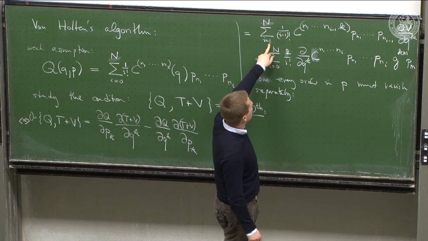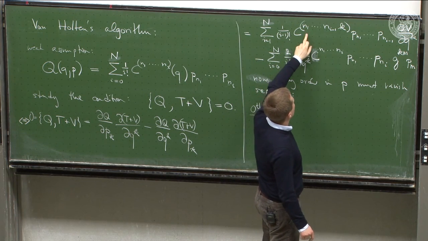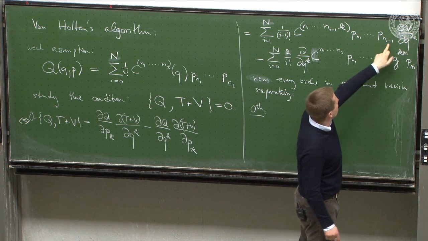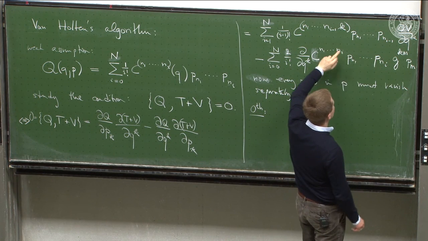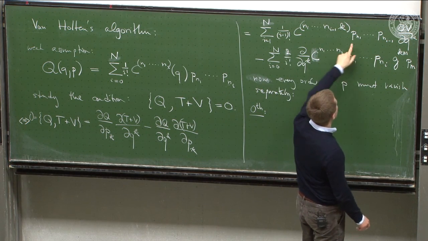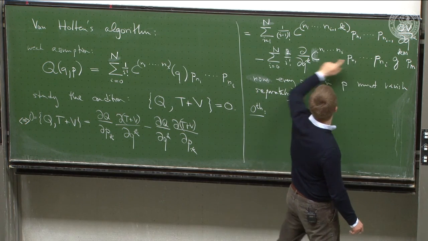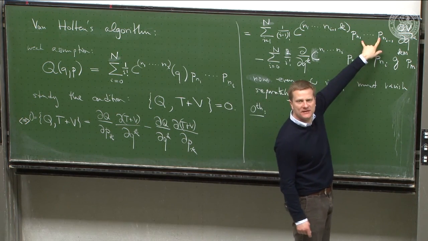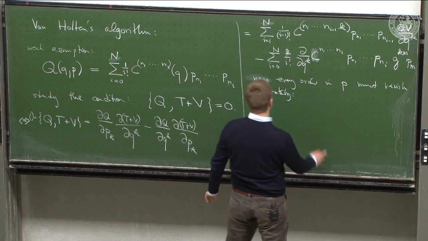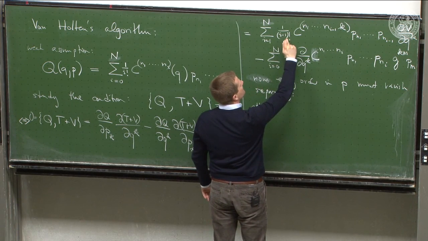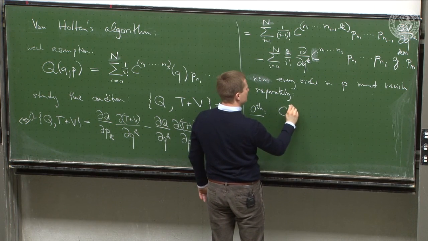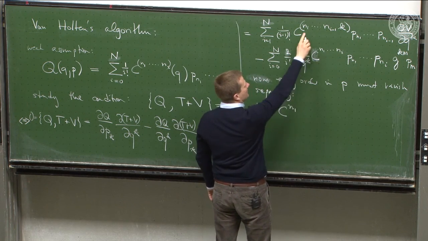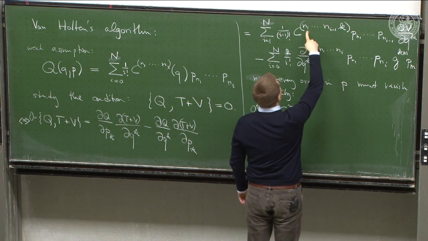We run from I equals 1, right, from n up to n_i minus 1. Hang on. So these are I minus 1 p's. If I is 1, I have 0 p's. That's a 0th order contribution. So that is 1 over 0 factorial is 1, is c n1.